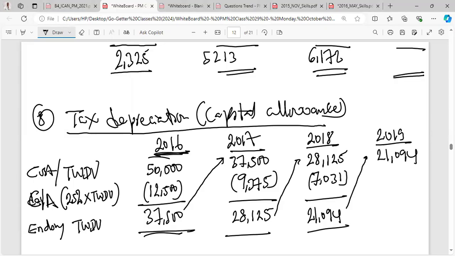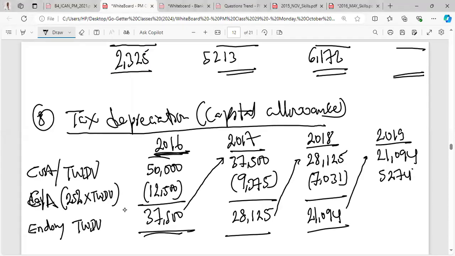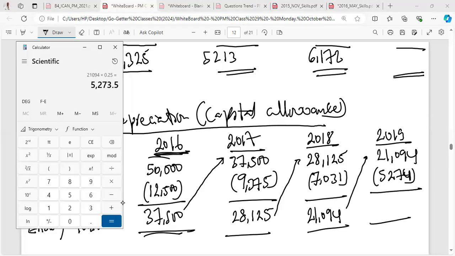You look for 25% of that. That gives me 5,274. Let's remove this from 21,094. So this is 15,820.